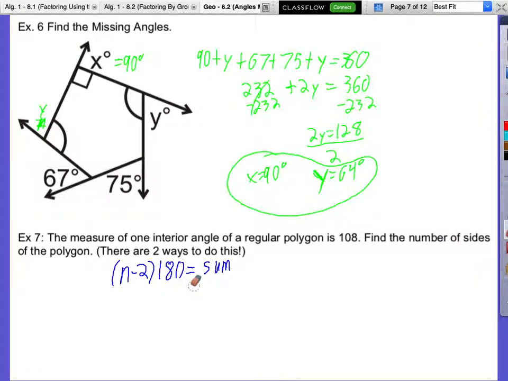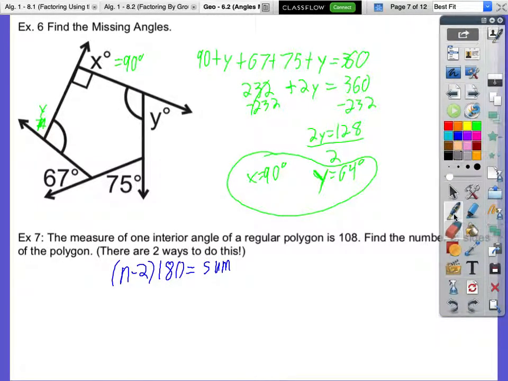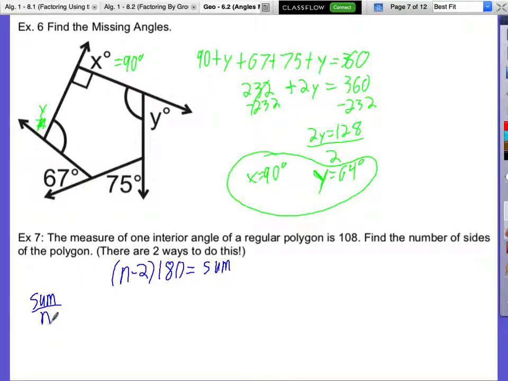Before, if we took the sum of something and divided by the number of sides or angles, did we get each individual angle? Yeah. So would we be able to take n minus 2 times 180, which is the sum, and divide this by n to get each individual angle?